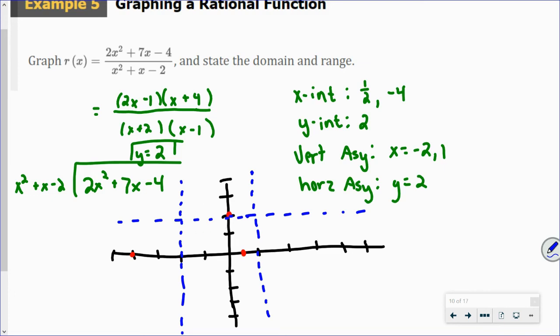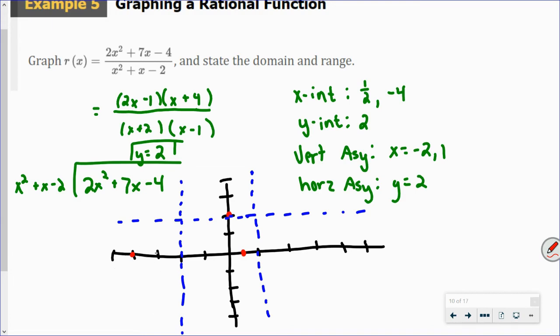And your vertical asymptotes are where the graph is approaching as it goes up and down. I can see right now that this dot is in this quadrant. So as I go closer this way, I'm either going to approach here or approach here. It's likely going to be down here.